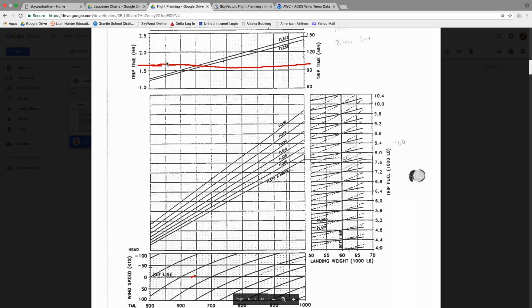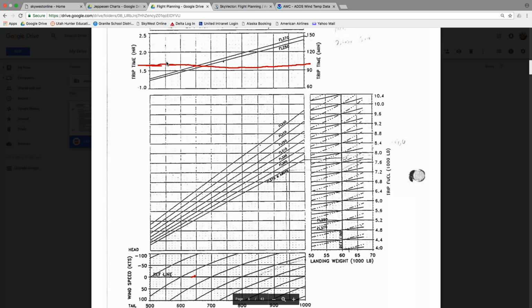The headwind is a very minor factor because it's only 6 knots, but the altitude is going to affect our fuel burn a lot more.